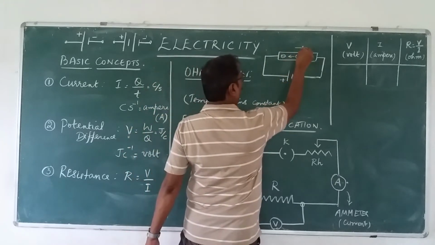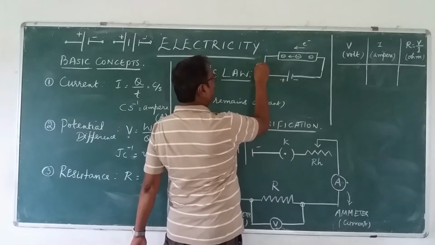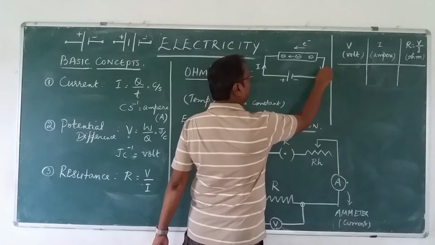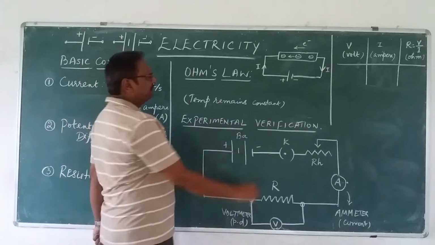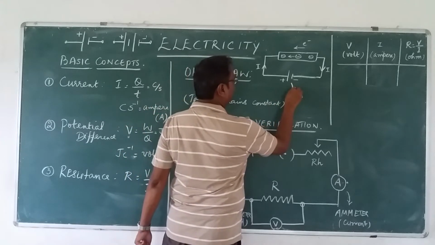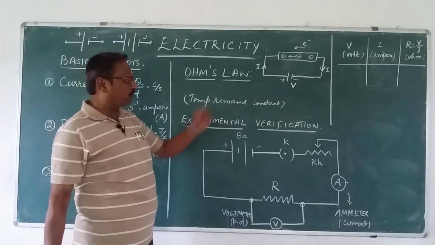The electron flow is like this, and the actual current is taken from positive to negative. This is called conventional current. The potential difference is provided by the cell, which we call V.